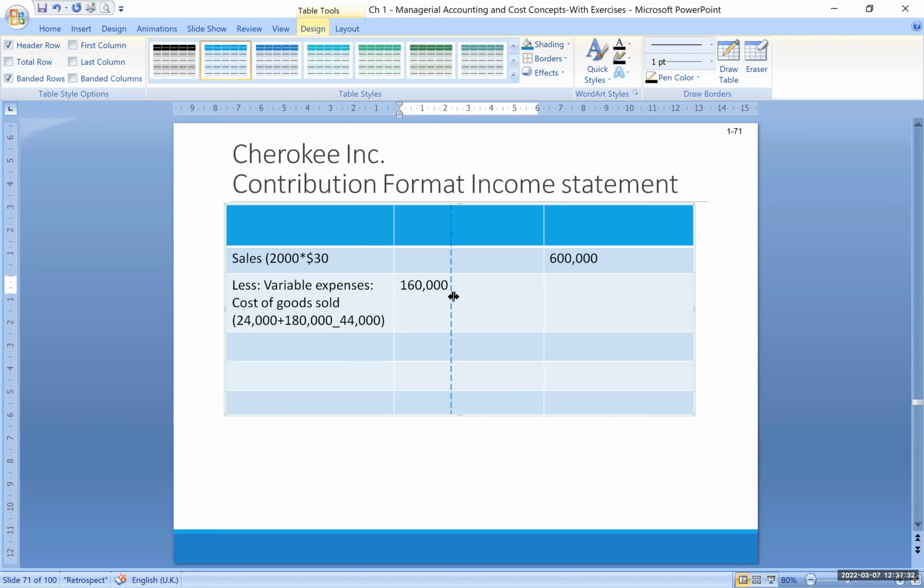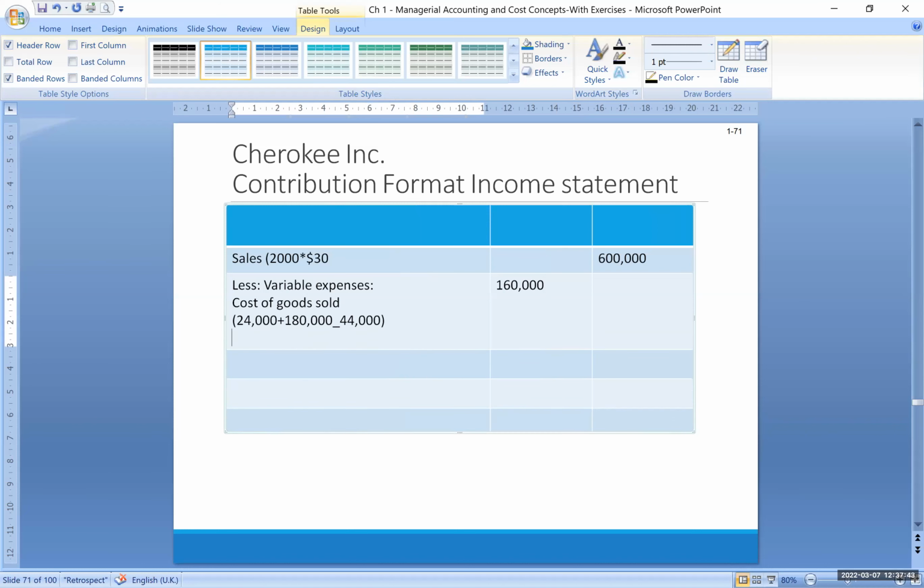Two columns, just to be in formal income statement format. And we need to add the variable parts of the selling and administrative expenses here.